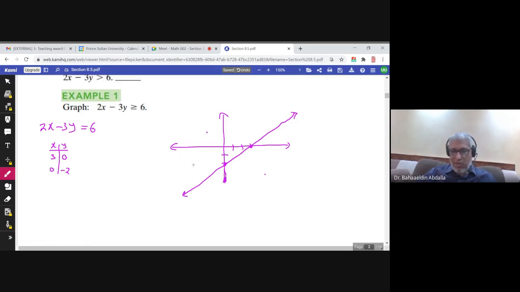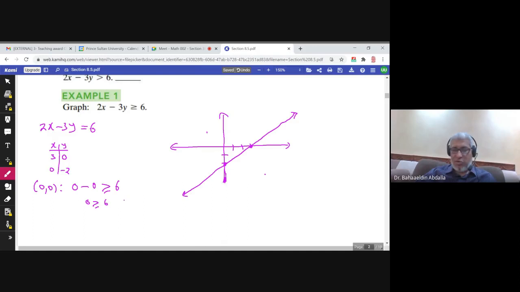So 0, 0, for example, is not a point on the line. It is a point on this half plane. I choose 0, 0 because it's easier to work with. Now, if I replace x by 0, 2 times 0, minus 3 times 0, so 0 minus 0 greater than or equal to 6.